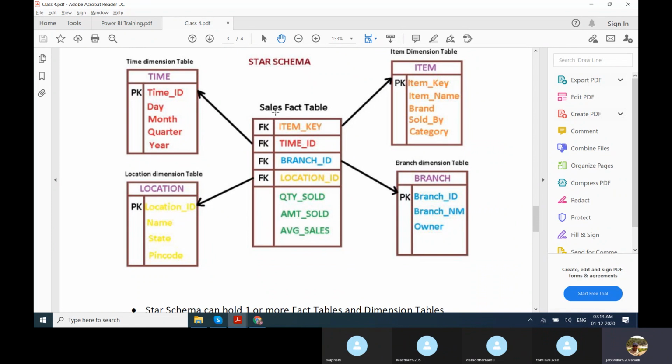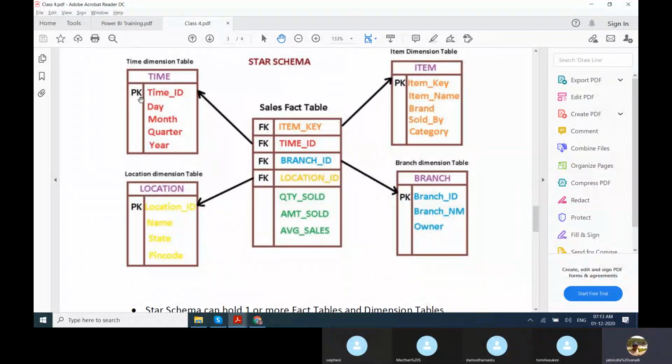The fact table contains foreign key relationships with the dimension tables, and things like how much sales quantity happened, what the product quantity is, what amount was sold, what the average sales is. All those things will be maintained in the fact table. By seeing the relationship only, we can easily recognize what is the fact table and what is the dimension table.